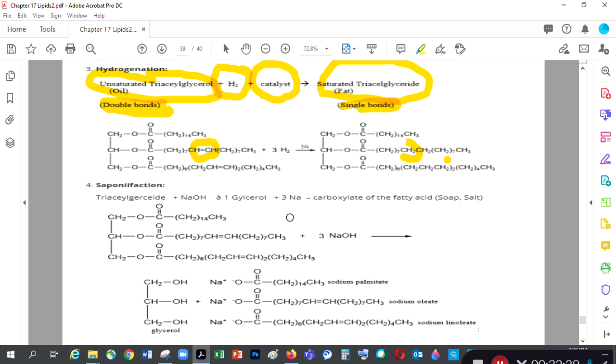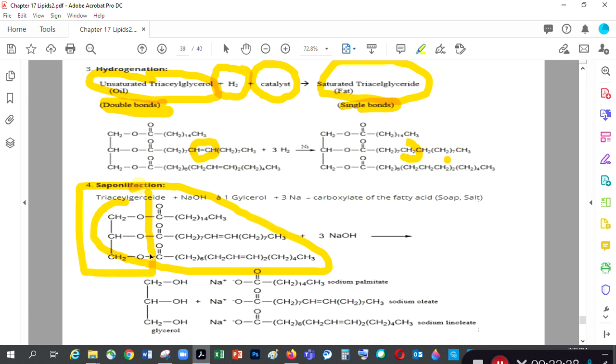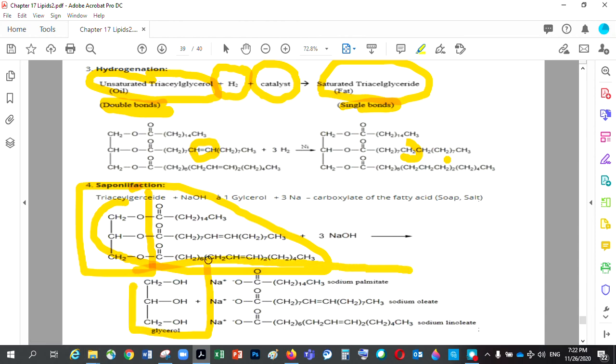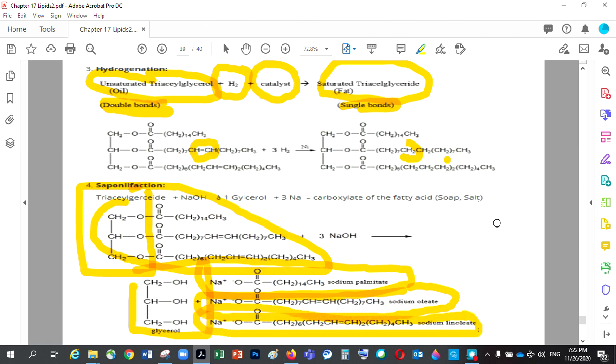So if I do the saponification reaction of this ester, I'm getting my alcohol back, here it is, glycerol, and then I'm producing soaps here, 3 different soaps depending on 3 different fatty acids, can you see it? And the soap is nothing more than a salt of a fatty acid.